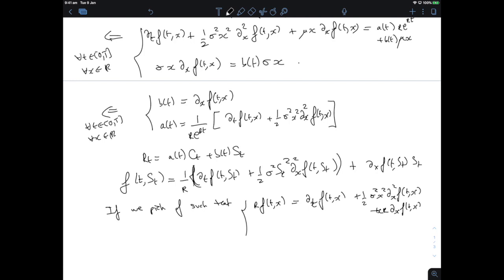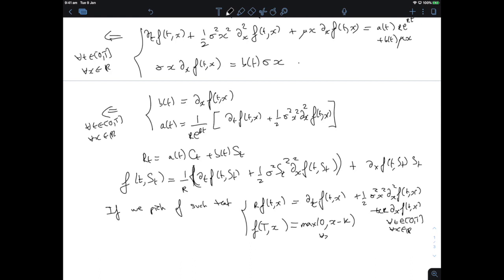So if we have this PDE for all t and for all x, and we make sure that the final data, f(T,x), is equal to, what was it, the maximum of 0 and x minus K.